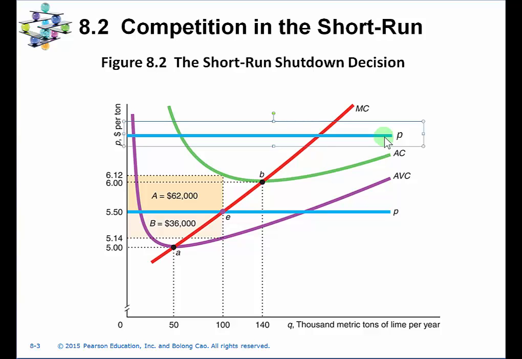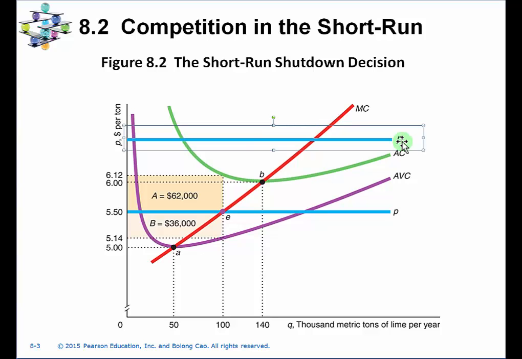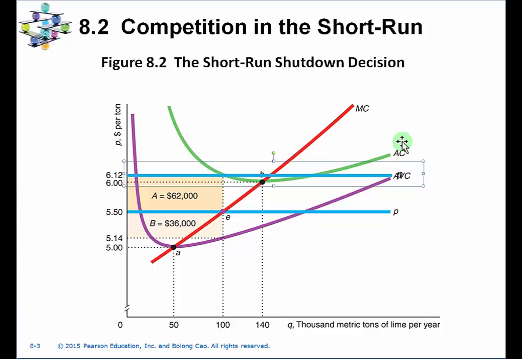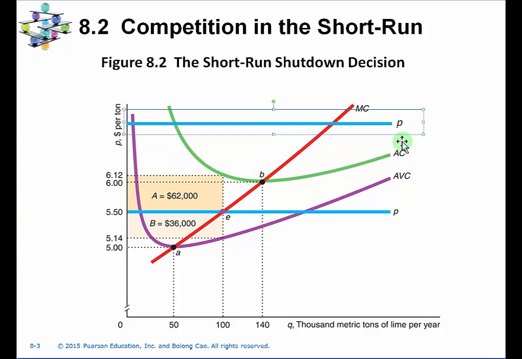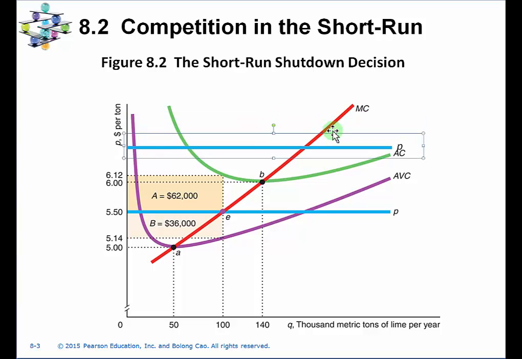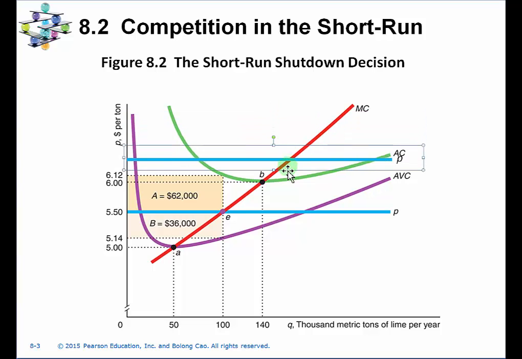So we have seen that if the market price, this flat line, lies above the average cost curve in this range, the firm will produce at a quantity where the price meets the marginal cost. And if the price is higher, the firm will produce a higher quantity. If the price is lower, the firm will produce a lower quantity at this point.